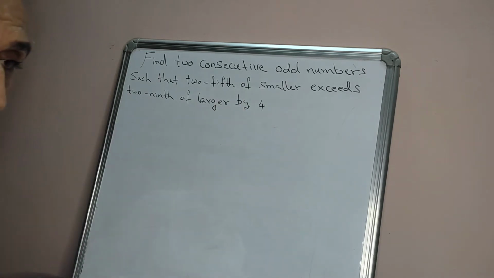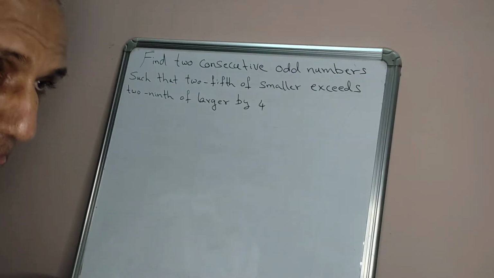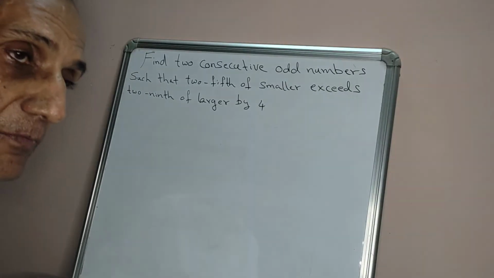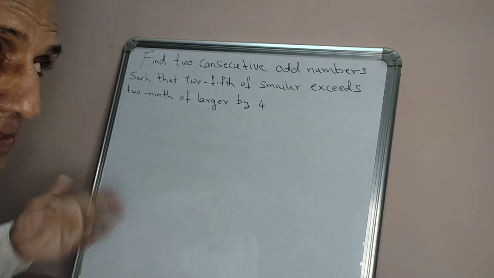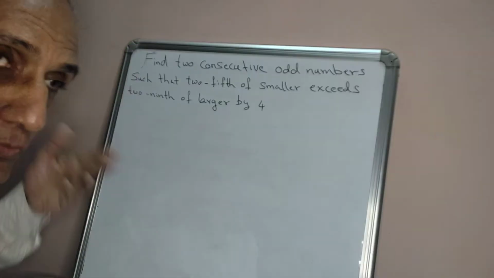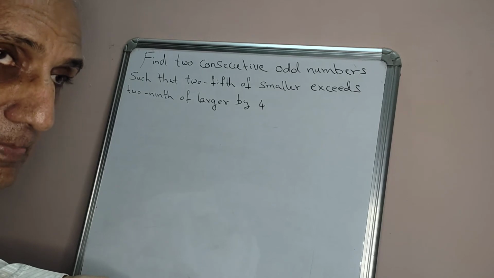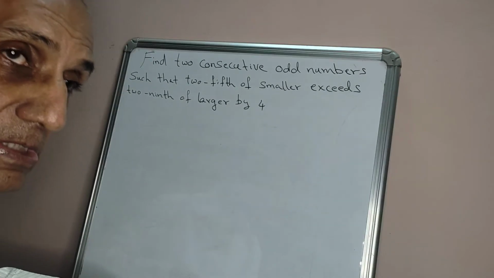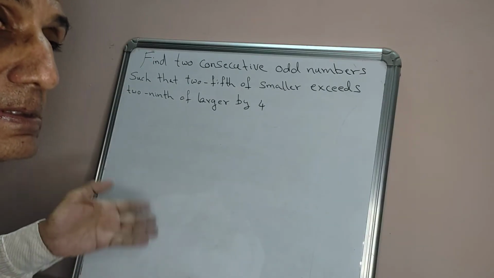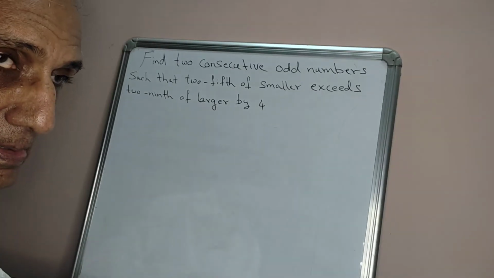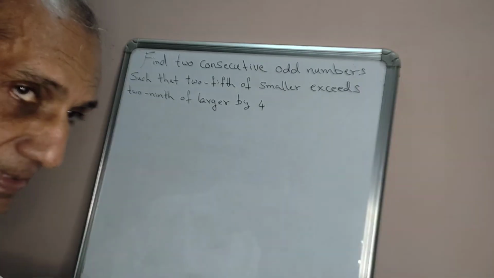He is asking you to find two consecutive odd numbers. What do you mean by the word consecutive? One after the other. Example, if 3 is the first number, then the second consecutive odd number will be 5, and the third one will be 7.